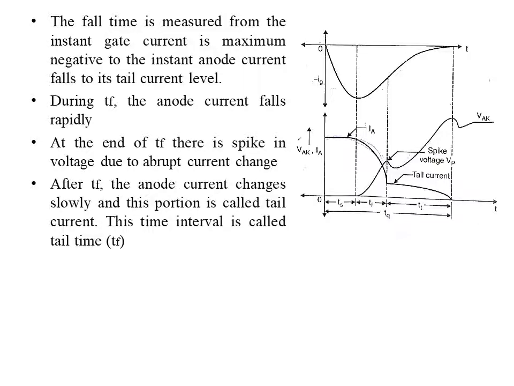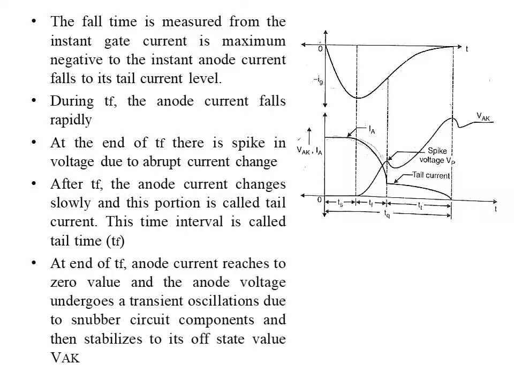After TF, the anode current changes slowly, and this portion is called the tail current, and the time interval is called the tail time, denoted by TT. At the end of TT, the anode current reaches zero value and the anode voltage undergoes transient oscillation due to snubber circuit components and then stabilizes to its off state value, that is VAK.